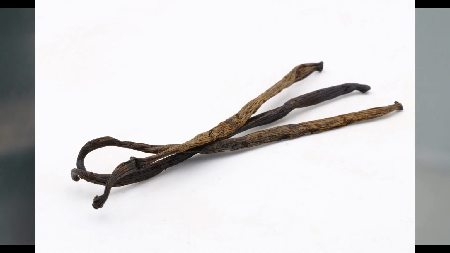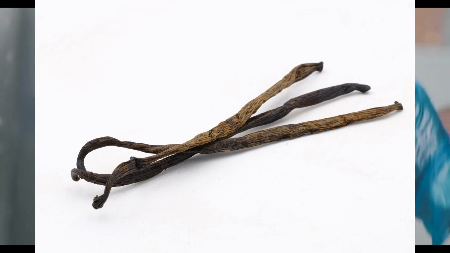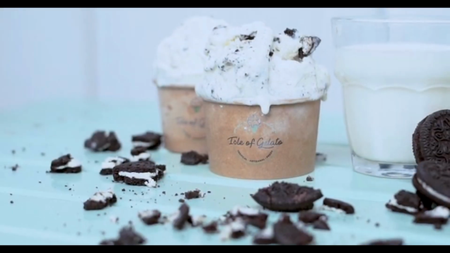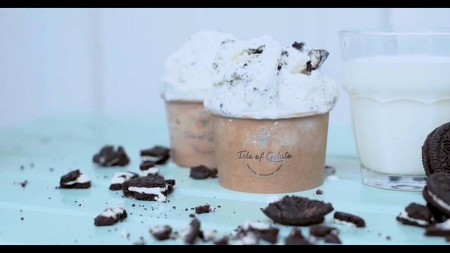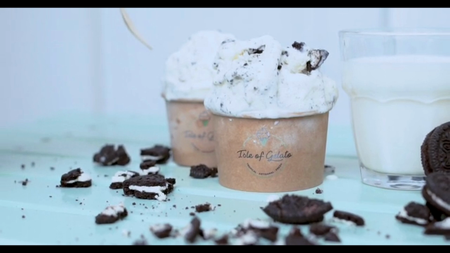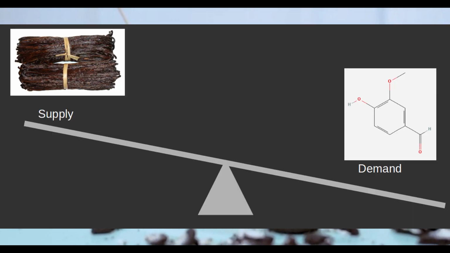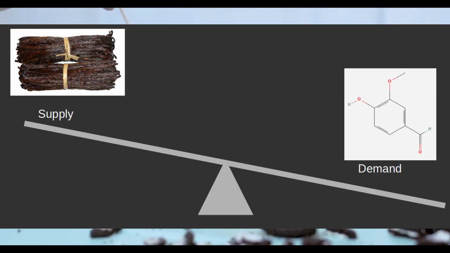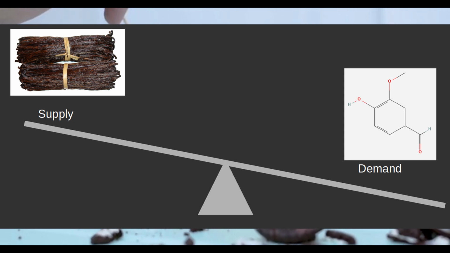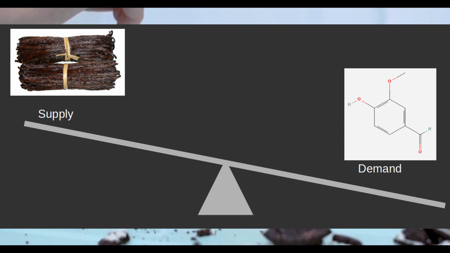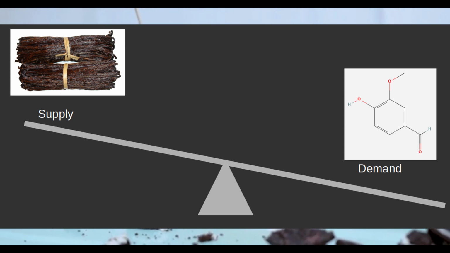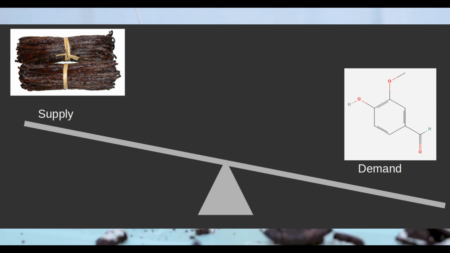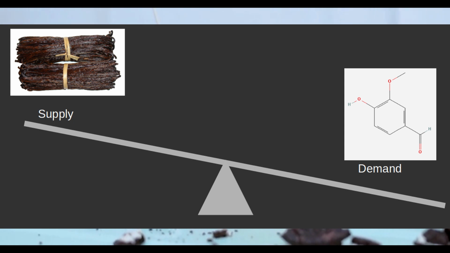This leads us to arguably why synthetic vanilla is necessary, or arguably synthetic vanillin specifically. Unfortunately, only 2,000 tons of vanilla are produced each year, while about 12,000 tons are purchased or required. That means there is an approximate gap of 10,000 tons, and these are made via synthesis of vanillin. It is the only way to meet the demand for vanilla flavour without drastically increasing the farming of vanilla and the orchards that produce it.